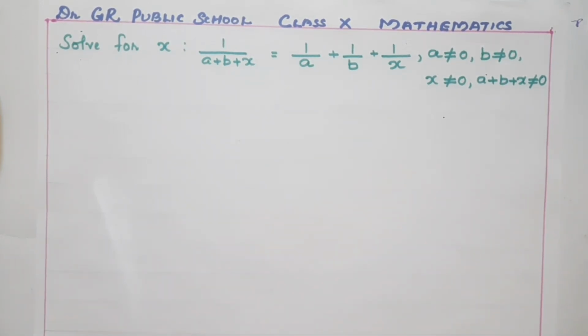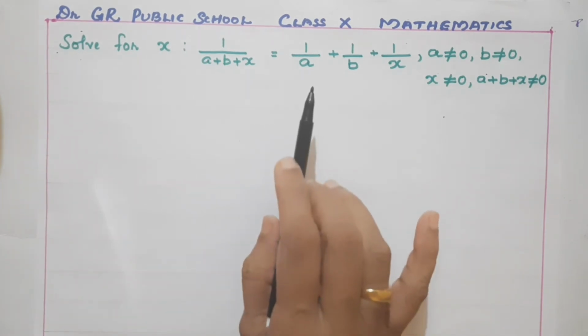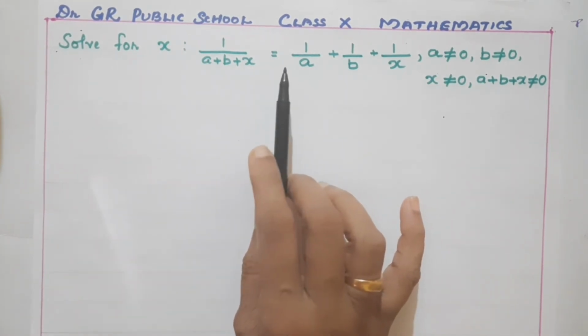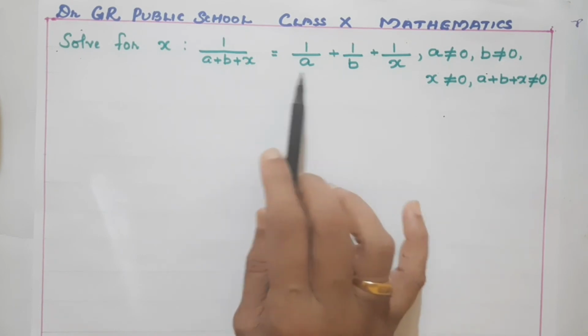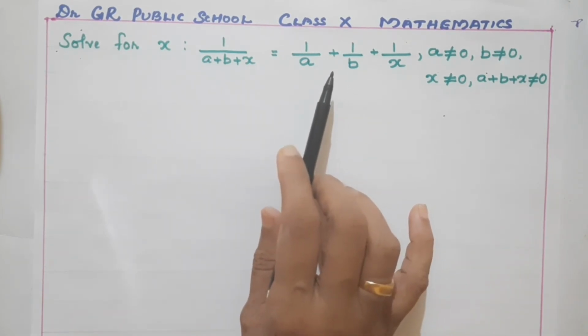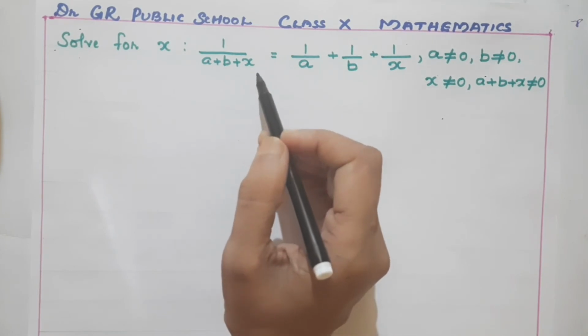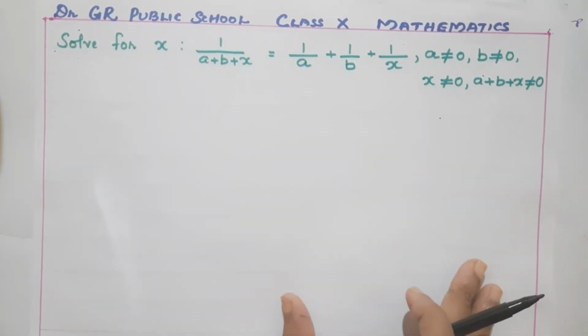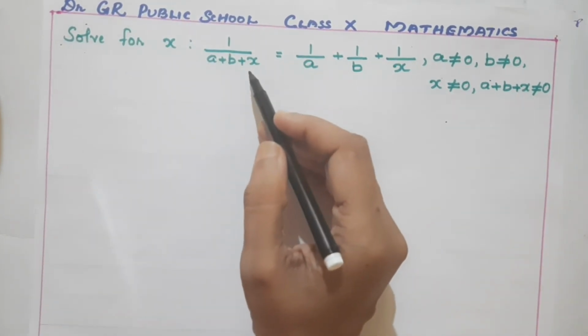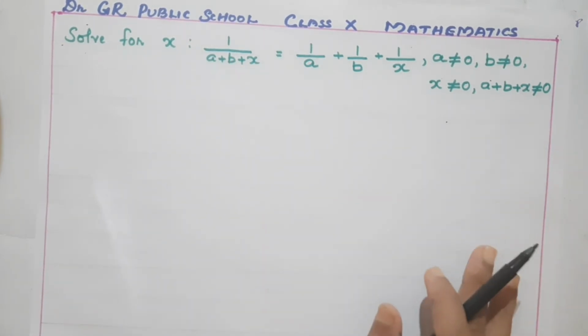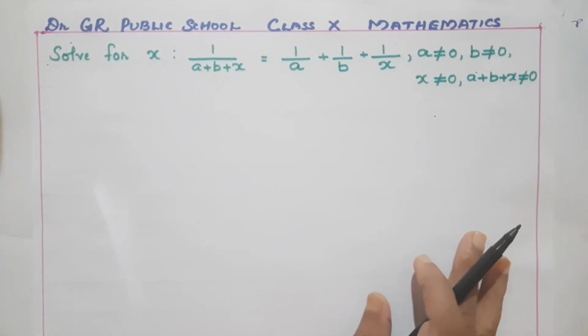Isn't it? So first of all we have to make this into the general form. Okay. Here a, b, x we have. Which is the variable? x is the variable. a and b represent constants.